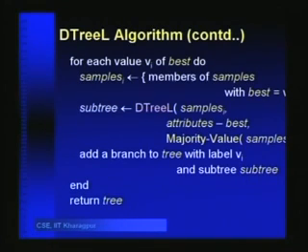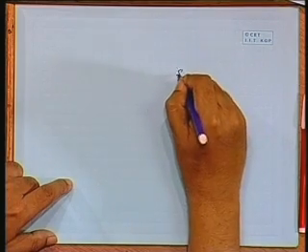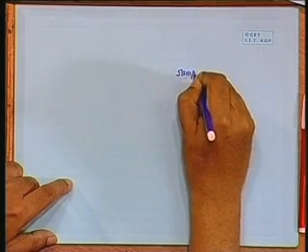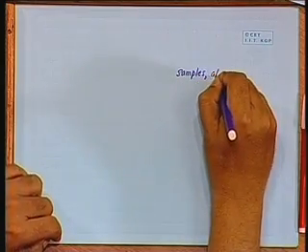Okay. We started at every level with a set of samples, which we are calling samples, and a set of attributes.